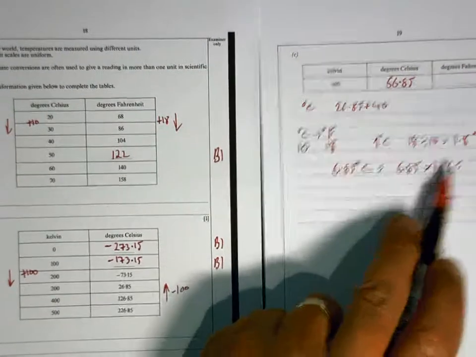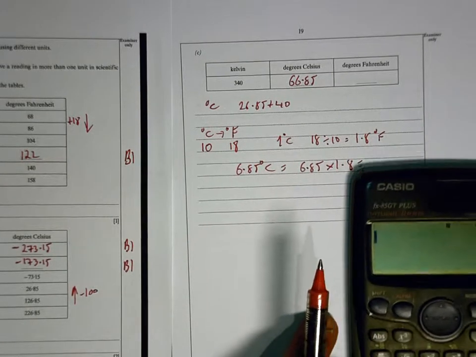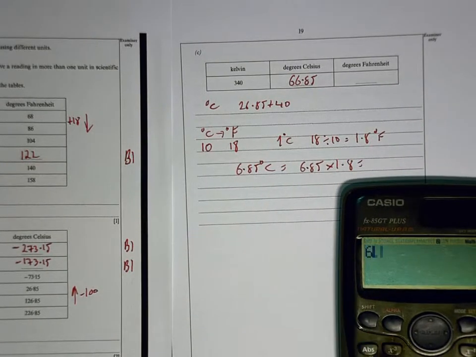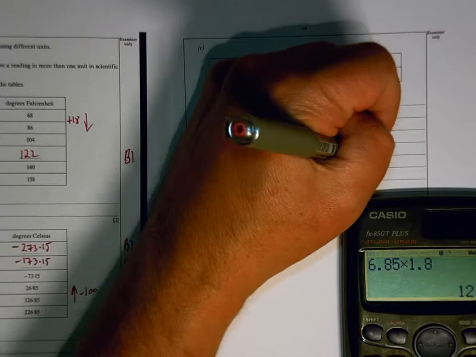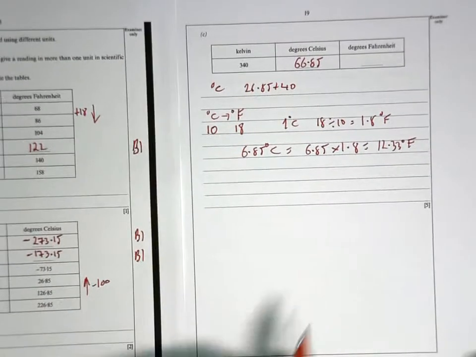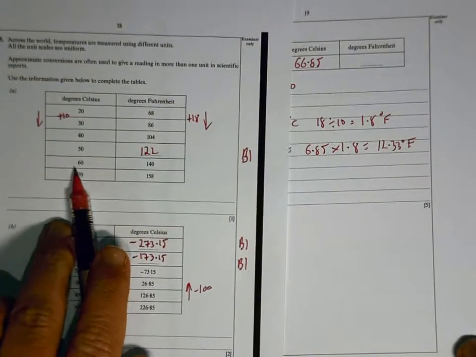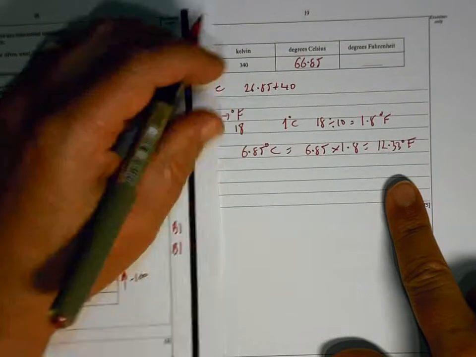Every bit of that is going up by 1.8 of the other. So I got 6.85 times 1.8 equals an additional 12.33 degrees F on 60. So it's going to be 140 plus that.